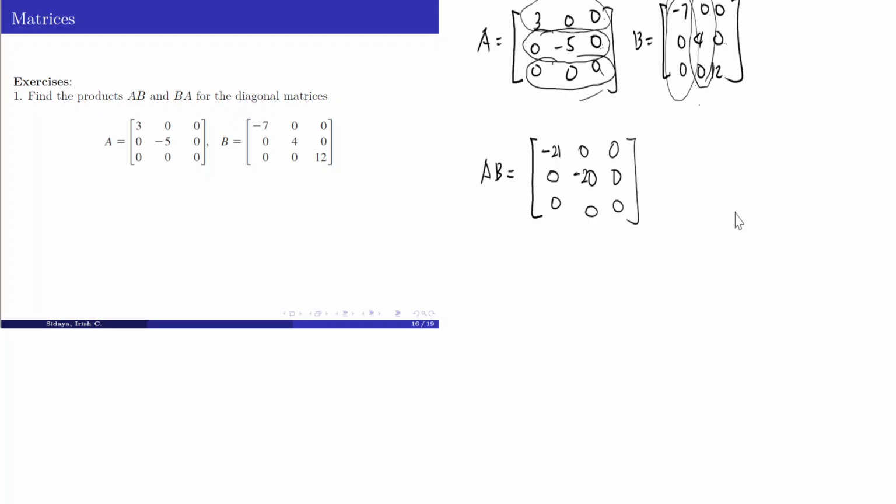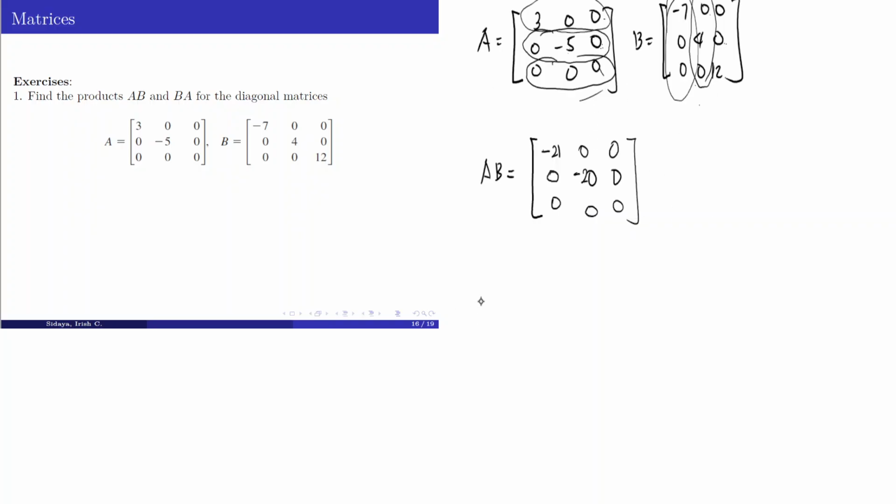Have you noticed that the product of these diagonal matrices AB is just a diagonal matrix whose main diagonal entries are the products of the main diagonal entries of these two matrices? Simply, you have 3 times negative 7, then negative 5 times 4, that's negative 20, and then 0 times 12, so that is 0.